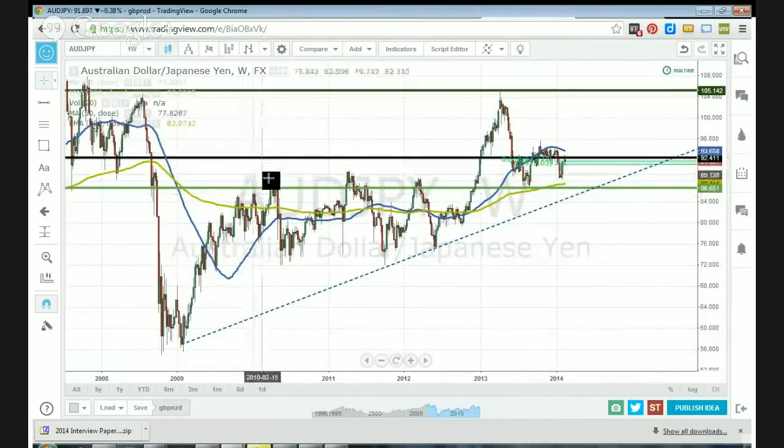You could also say you have a pattern. Well, not really. You could say there's something. Let's actually draw this price channel.